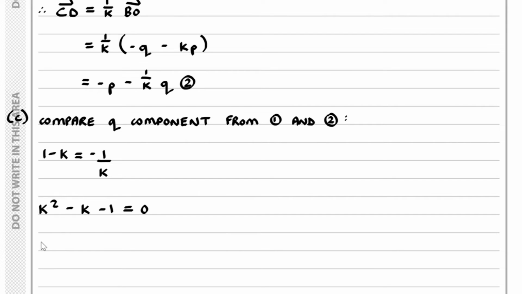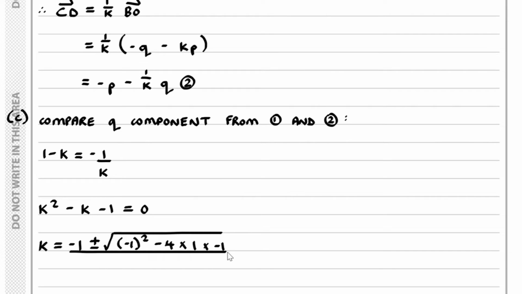Use the quadratic formula. K equals, well, I've got minus minus 1 plus or minus the square root of 1 squared minus 4 times 1 times minus 1, divided by 2 times 1.